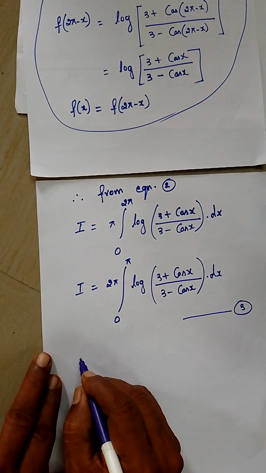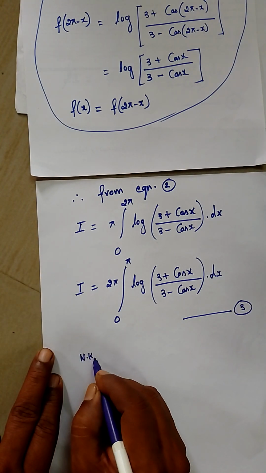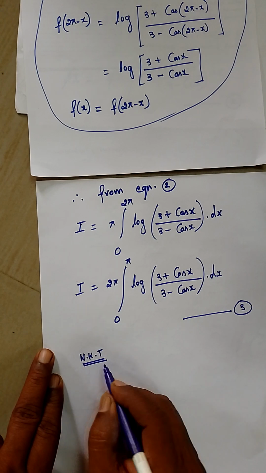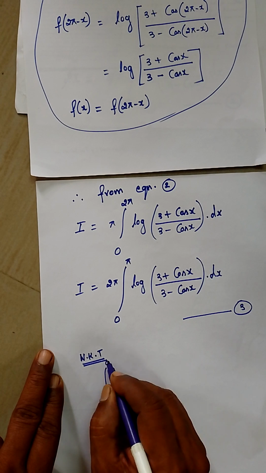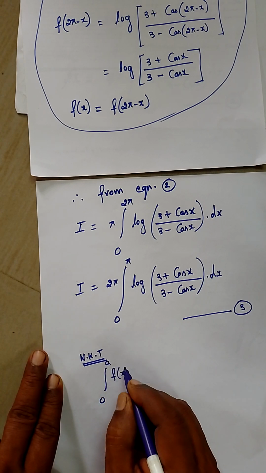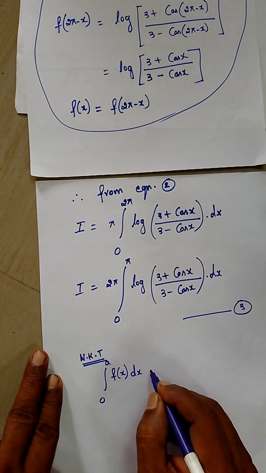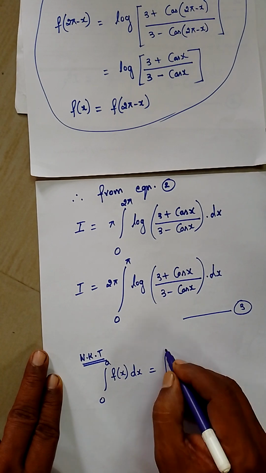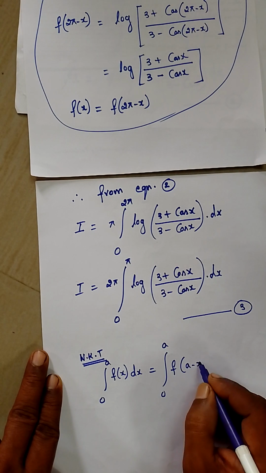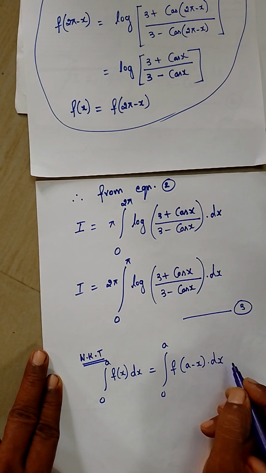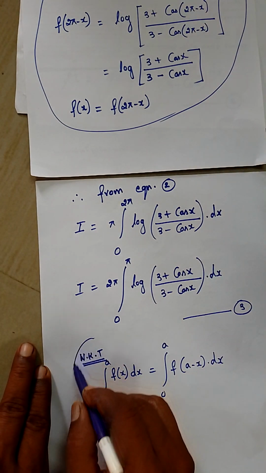So once again we are going to use the property which we already know: integral 0 to a f of x dx is equal to integral 0 to a f of a minus x dx.